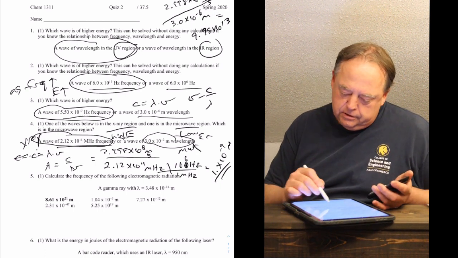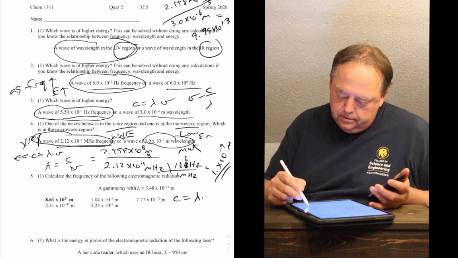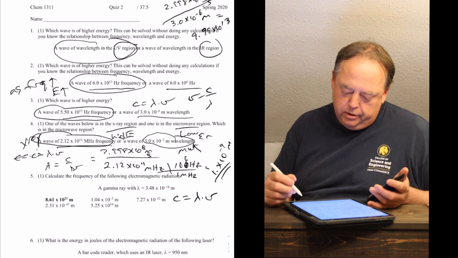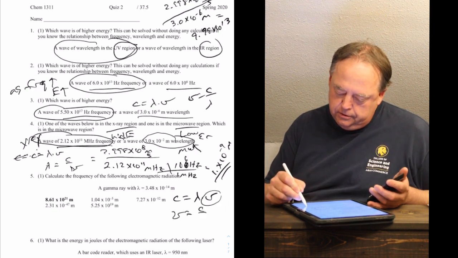Okay, calculate the frequency of the following electromagnetic radiation. You're given wavelength, so again, you just need that equation. If you want to calculate frequency, solve for frequency.